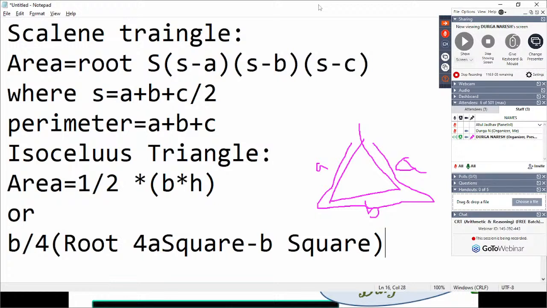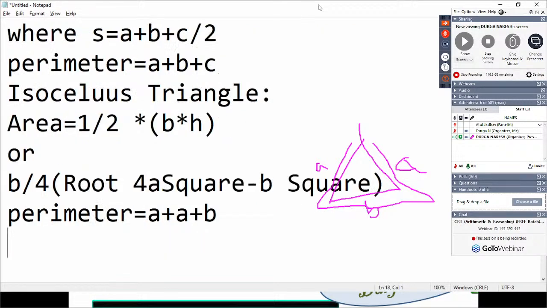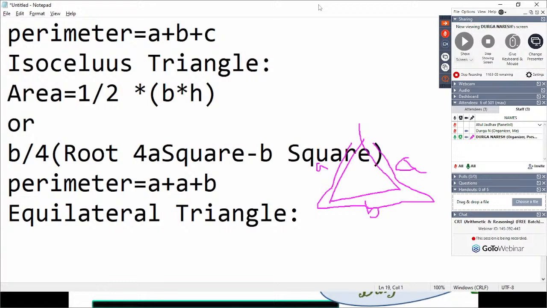Clear? Perimeter is equal to the length of the boundary, a plus a plus b, 2a plus b.